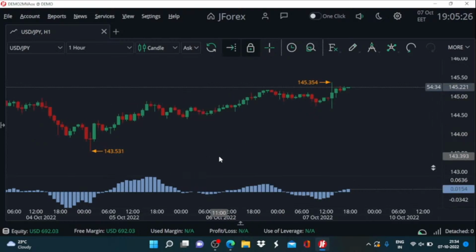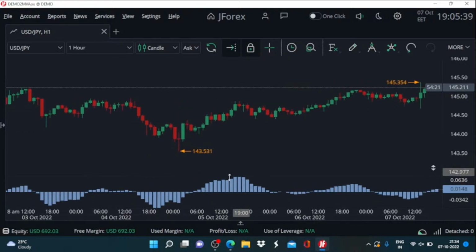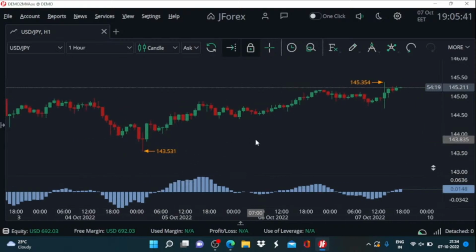So here, if we look at this OSMA output with the default parameters of 12, 26, and 9, we have this output changing in line with this trend of the USD JPY.